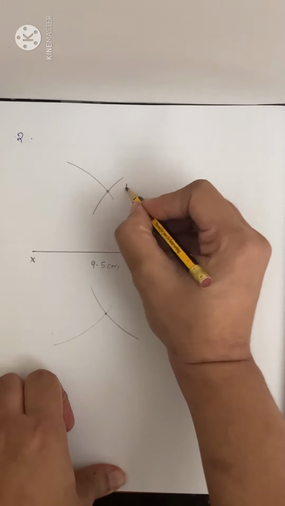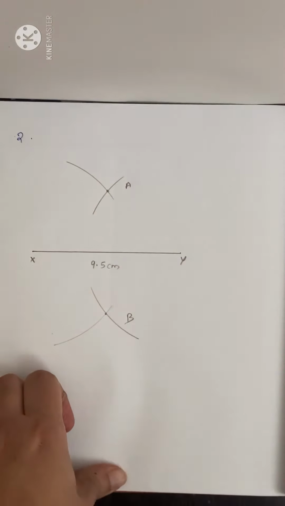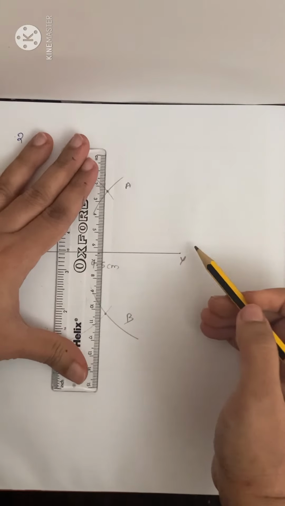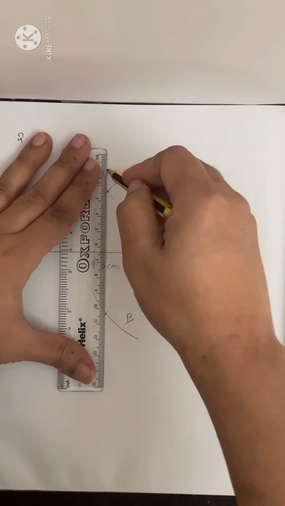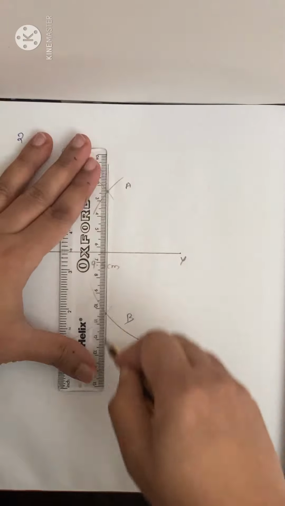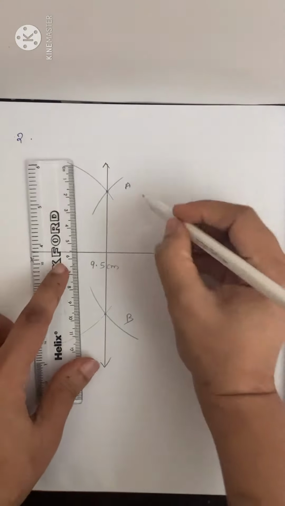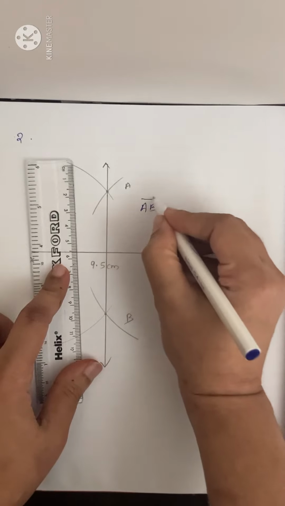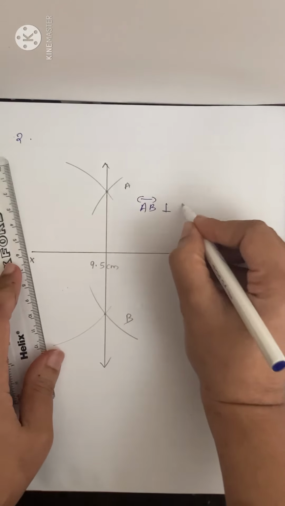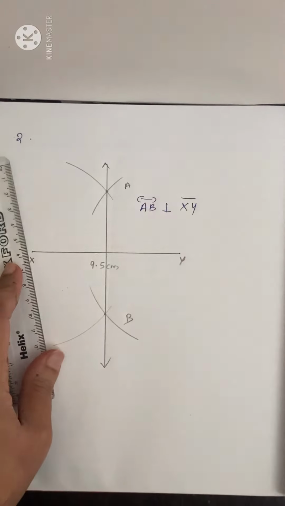Let it be A, B. Join it like this. Therefore, line AB is perpendicular to line segment XY.